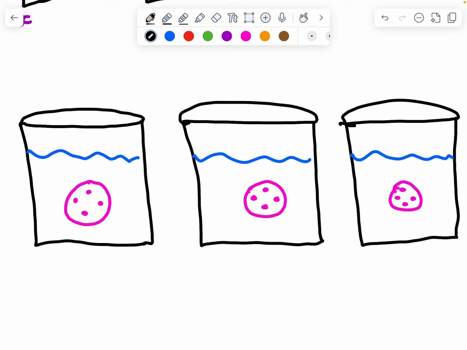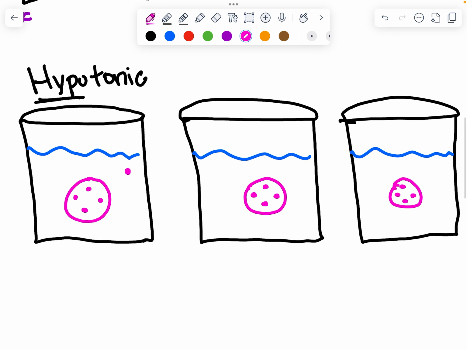So we'll label this solution a hypotonic solution. So what does that mean? Well, hypo means less than, which means that the solution will have less solutes than the cell. So when we illustrate our solutes in the solution, we'll just draw less than 4.